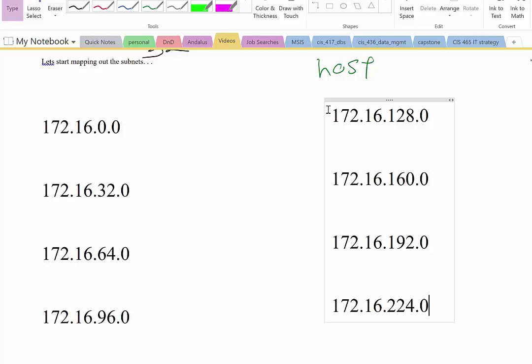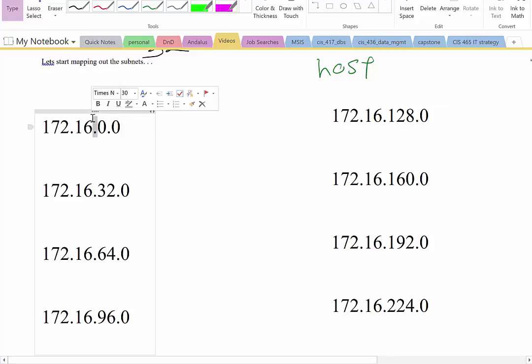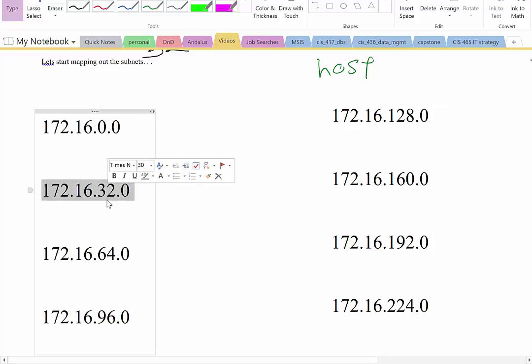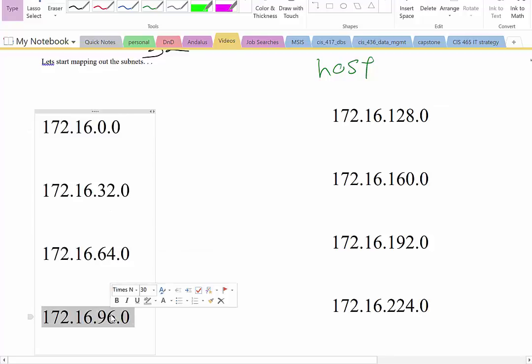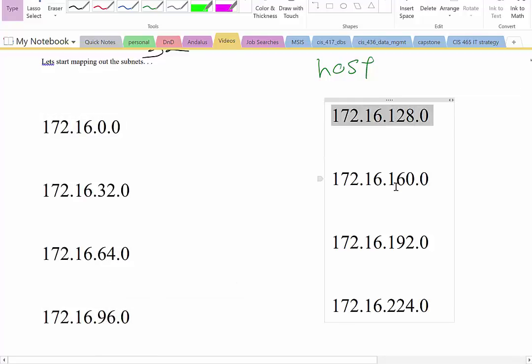Alrighty, so now we have 1, 2, 3, 4, 5, 6, 7, and 8 subnets mapped out here. Now we got to fill in this. And the reason why I stopped at 8 is because we only created 8 new subnets, remember?